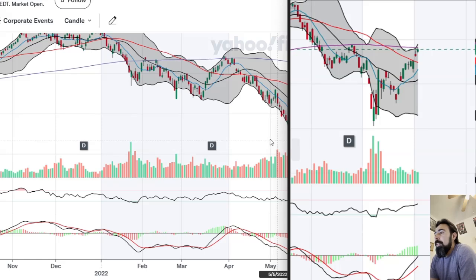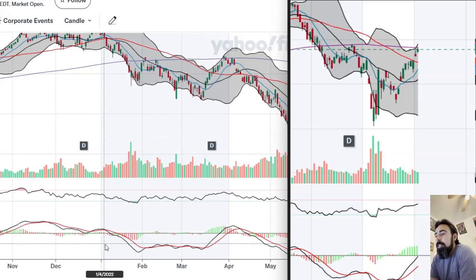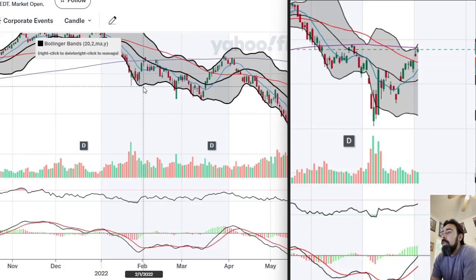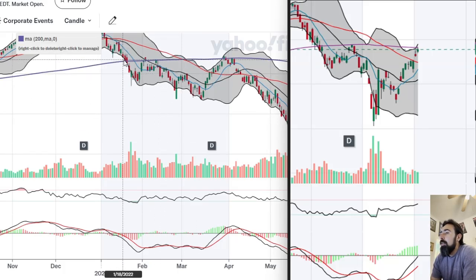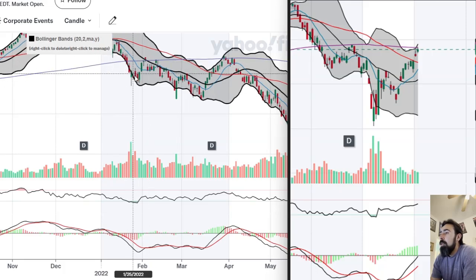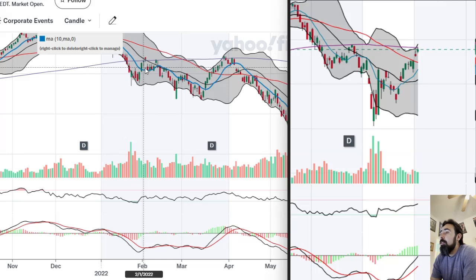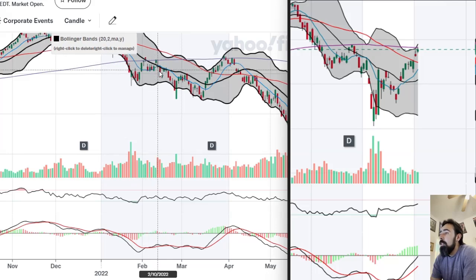So in this past event, this is the dip that happened in 2022. And so we had something similar. The price hung out at the 200 for like a day or so, dipped under, came back up to the 10 and then the 20, dipped back. This is looking pretty similar.